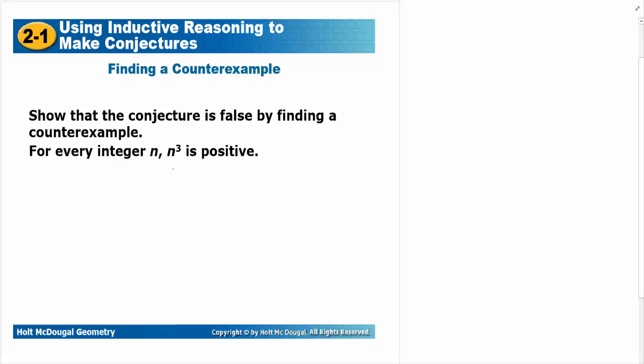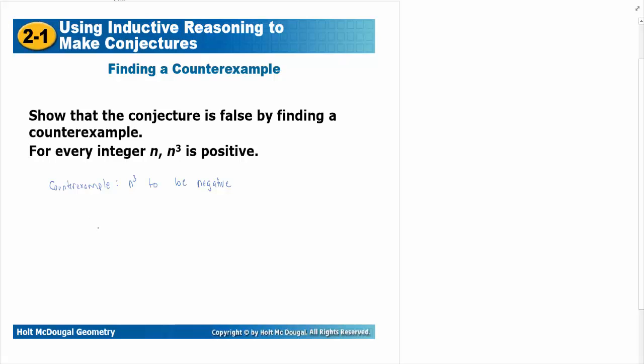In other words, what I'm looking for is n cubed to be negative. That would prove this conjecture to be false. So that's my goal.